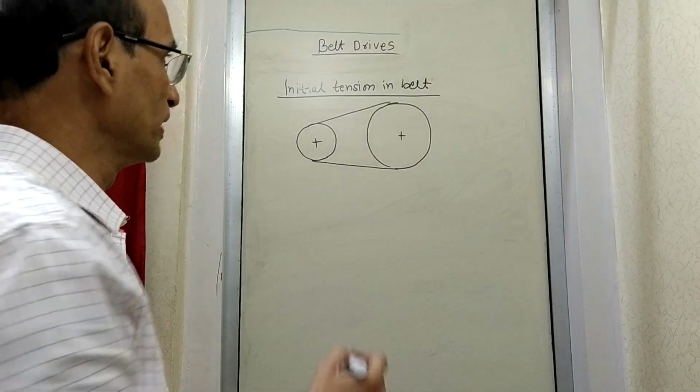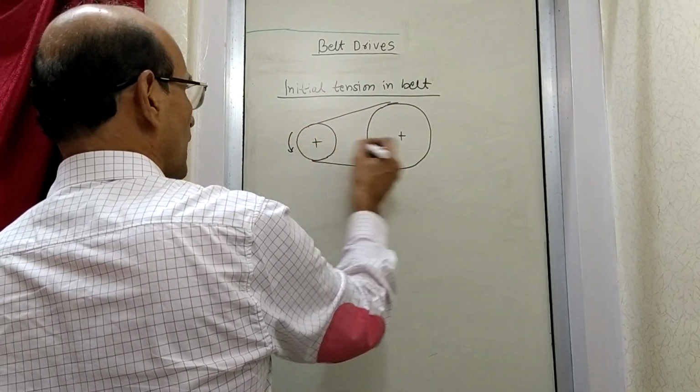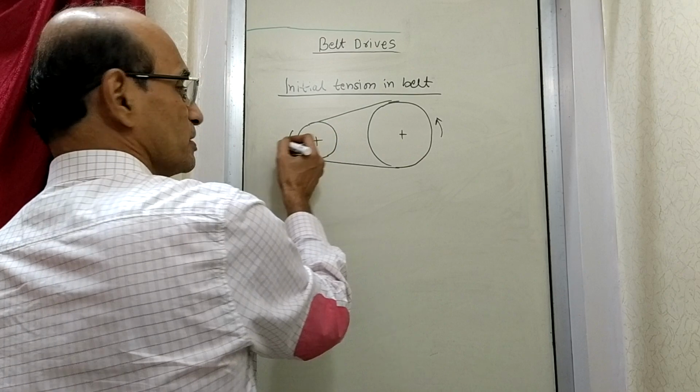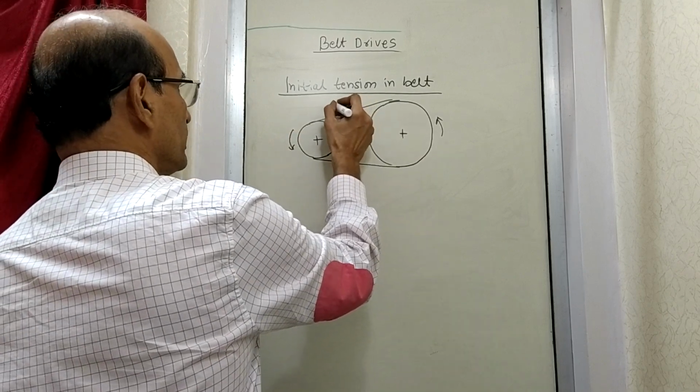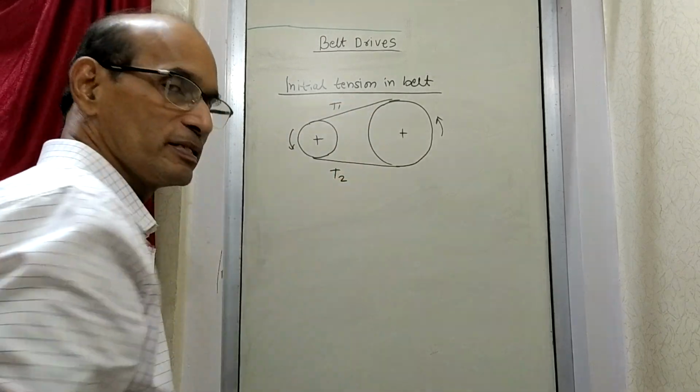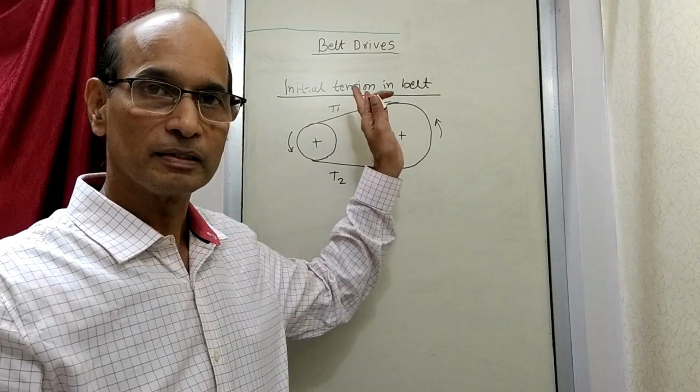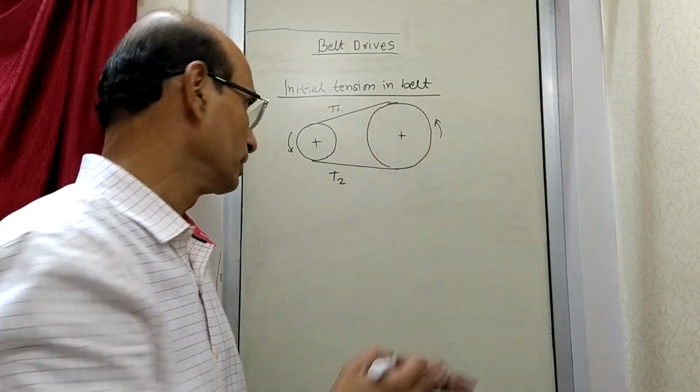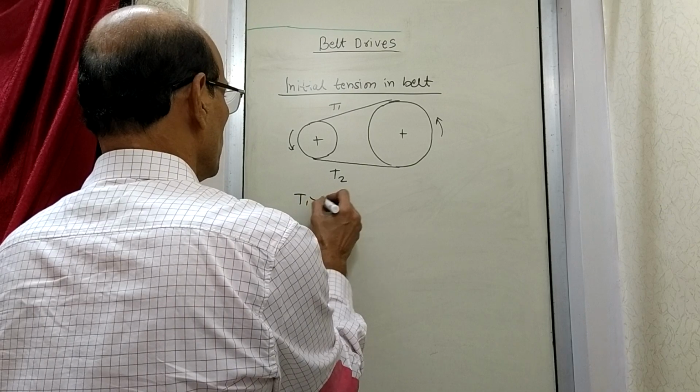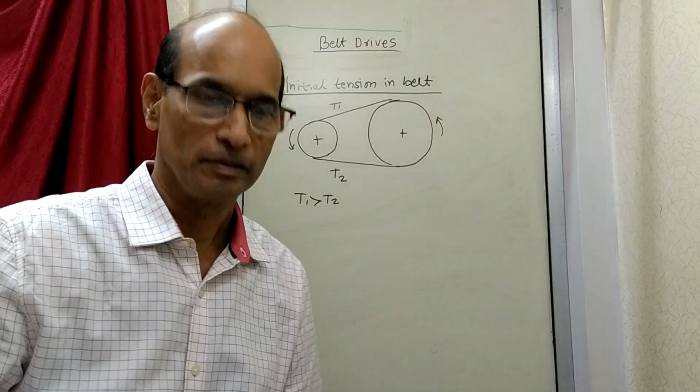See, earlier we have seen that there is a belt drive, then we start like this, then this is a driver suppose, then this side is T1, one side there is slack side, one side there is a tight side, T1 and T2, and then T1 is greater than T2.